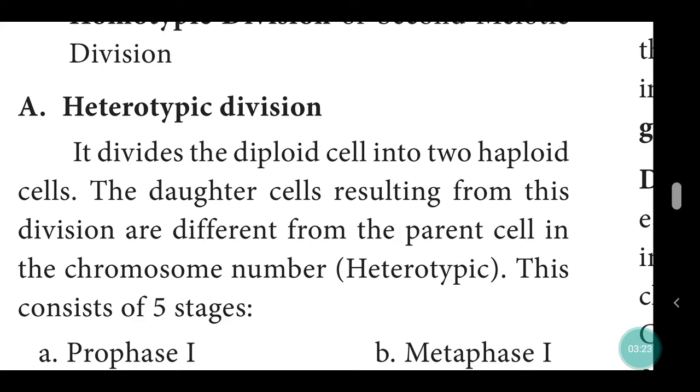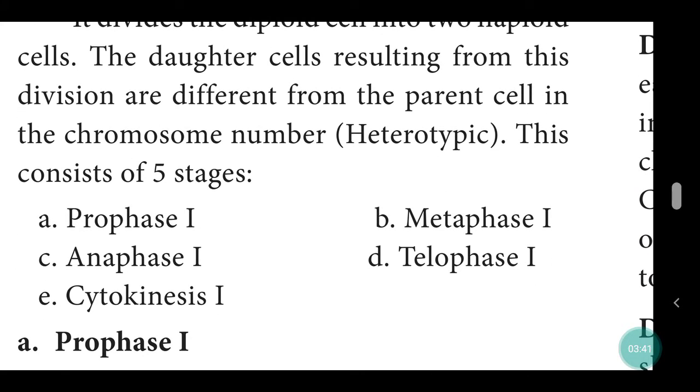The daughter cells resulting from this division are different from the parent cell in the chromosome number. This is called heterotypic. This consists of 5 stages. What are the stages? Prophase 1, metaphase 1, anaphase 1, telophase 1 and cytokinesis 1.